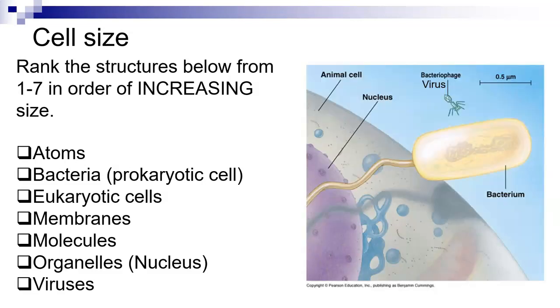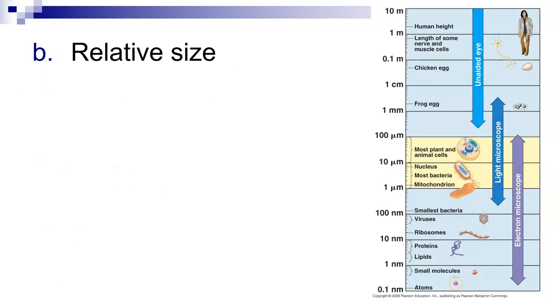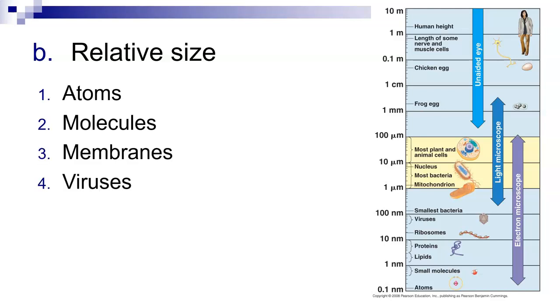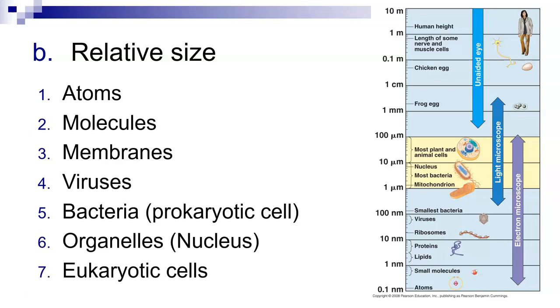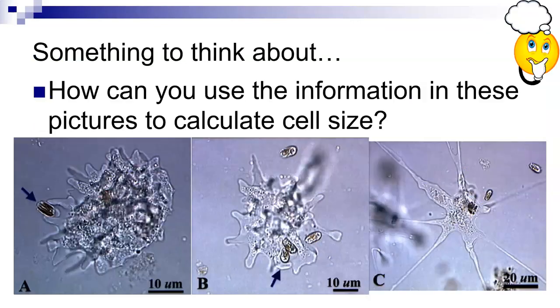You can go ahead and pause the video to complete this. This gives you the actual ranking. So atoms, molecules, membranes, viruses, bacteria or prokaryotic cells, organelles like the nucleus within a eukaryotic cell, and then finally the largest should have been eukaryotic cells.